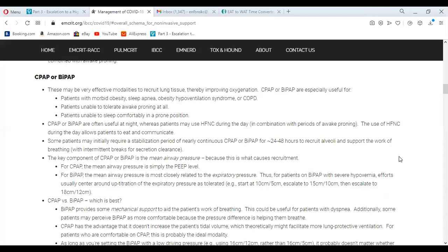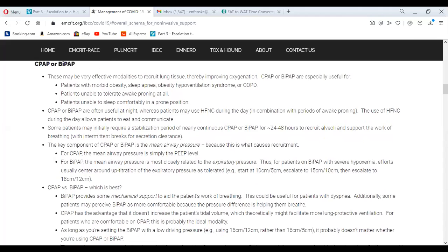So also patients that are unable to tolerate awake proning, which we have mentioned earlier on, may benefit from this. So I said it is mostly applied at night. Usually during daytime, monitoring is more adequate. So at night, you don't want to take any chances.